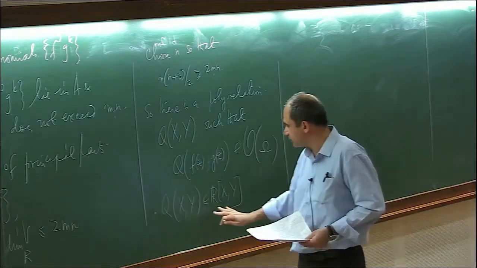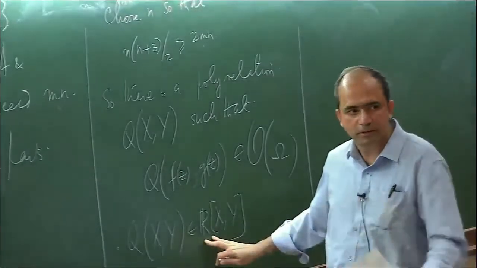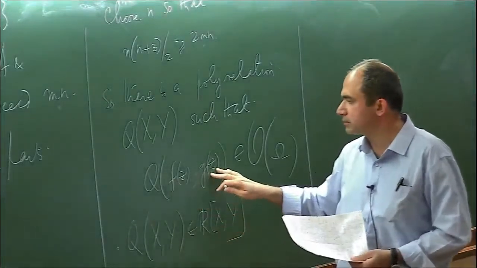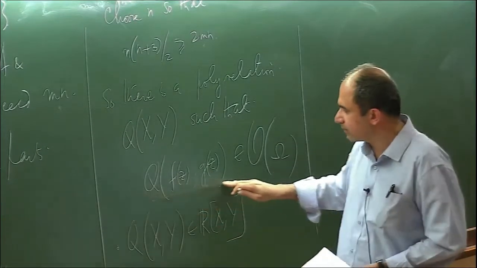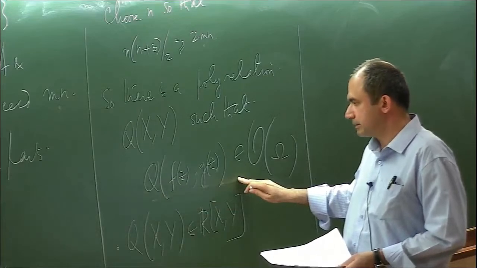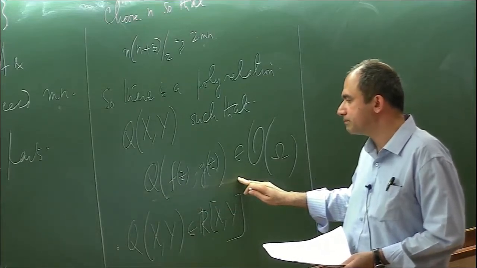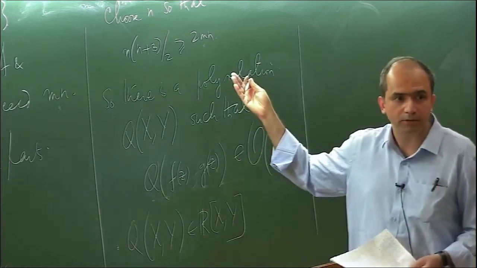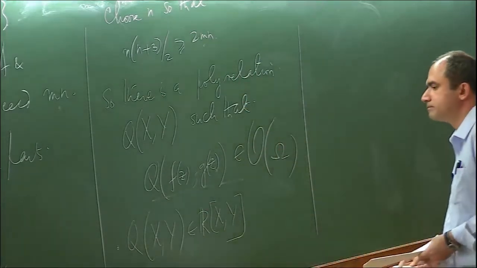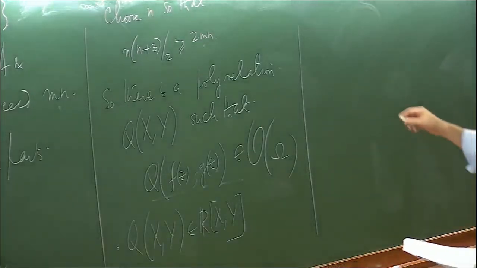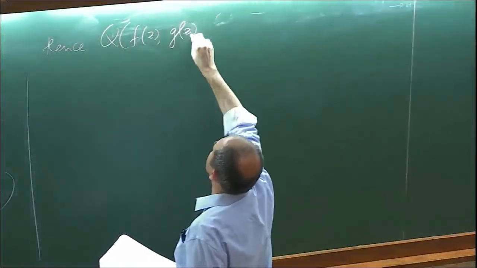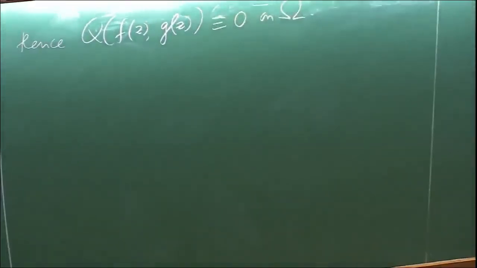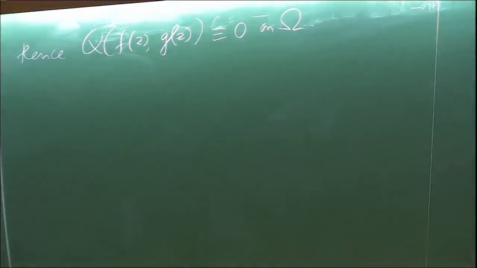By construction, q has real coefficients. And what happens on the boundary? If you go to the boundary, both f and g are real valued there. So this is a holomorphic function whose imaginary part is 0 on the boundary. Hence, q(f(z), g(z)) is 0 on the boundary. So we have some relation.